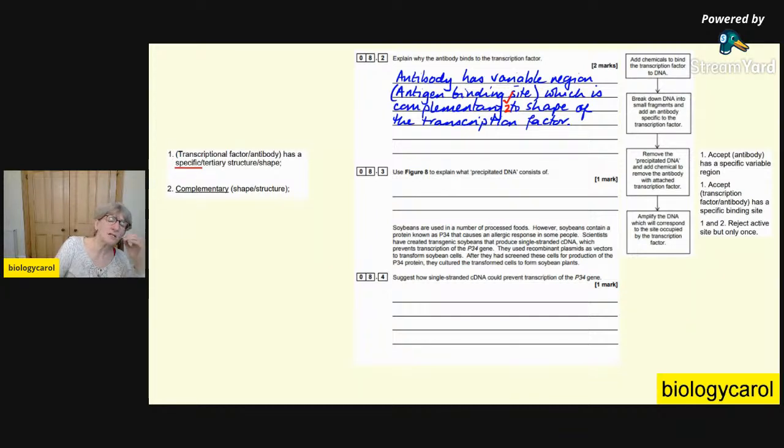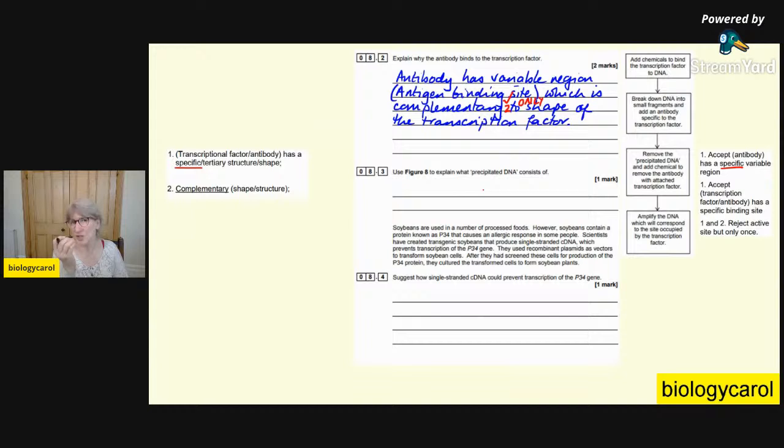So I either had to use the word specific or the words tertiary structure. Tertiary shape? You'd never say tertiary shape. I didn't use the word specific. And I think that if I had written, which is complementary only to the shape of the transcription factor, then I would have got mark point 1.